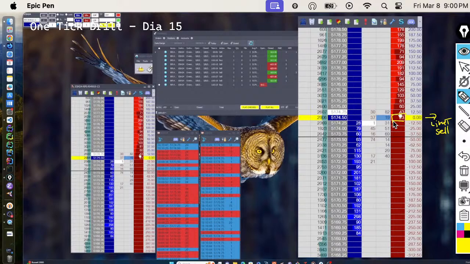So my option number one is a limit sell at the same price that I entered. So then I can get a break even, basically. Can I do it? Probably, because I have only 23. It's likely that I can get it.